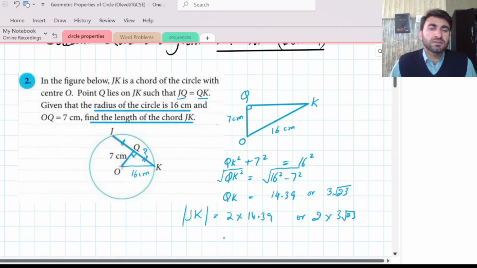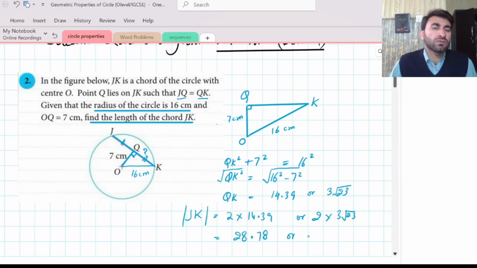So the answer becomes 28.78, or if we want to keep the answer in surd form, it will be 6 times the square root of 23. So that is the value of chord JK. That was the first question.